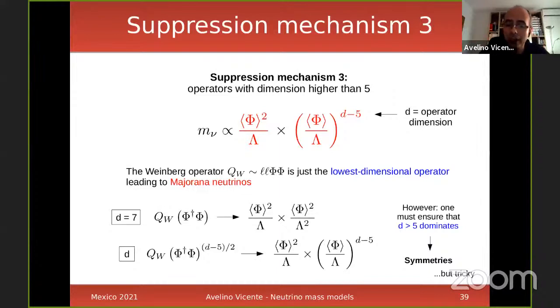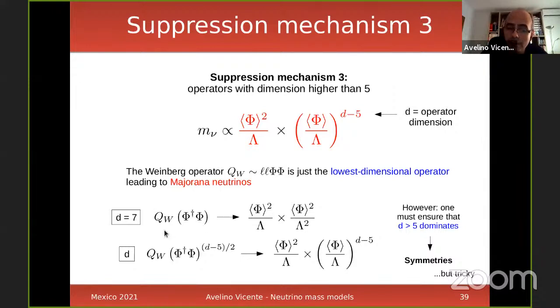But there are additional operators that appear at dimension 7, dimension 9. All dimensions actually have operators that break lepton number into units, and even in different units, but in particular in 2 units. So for example, at dimension 7, you have this operator. You have the usual Weinberg operator times phi dagger phi.